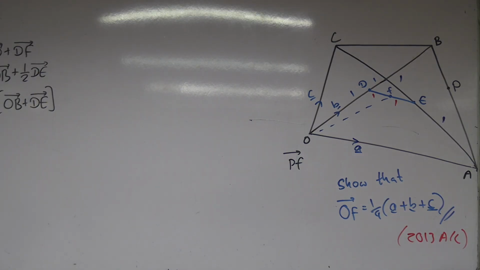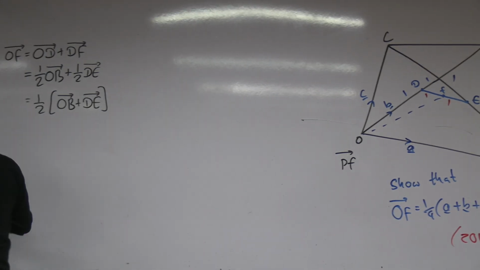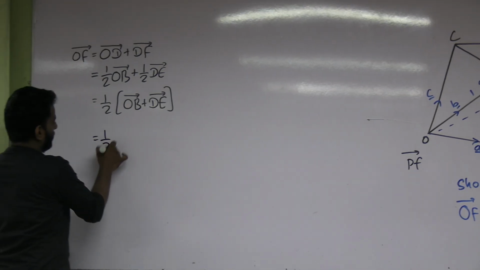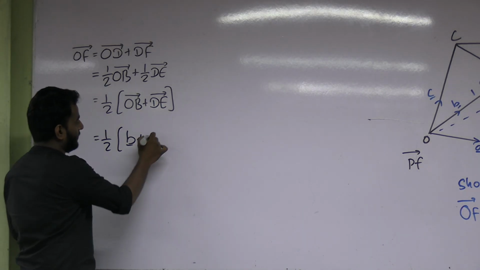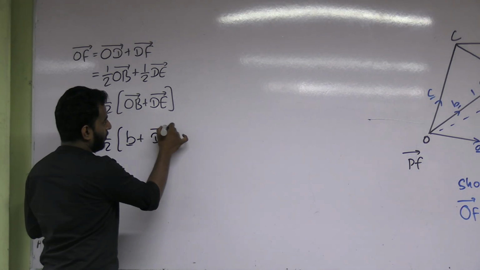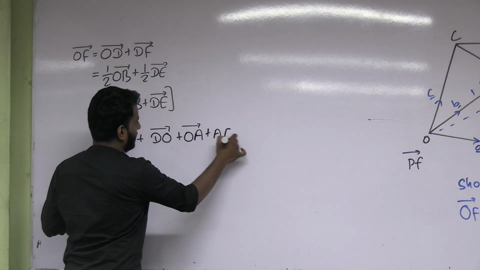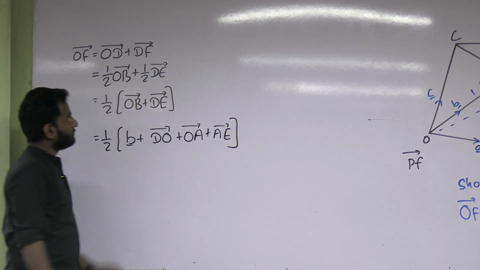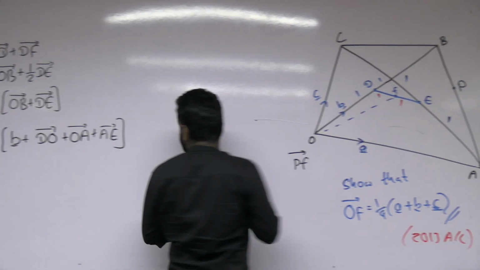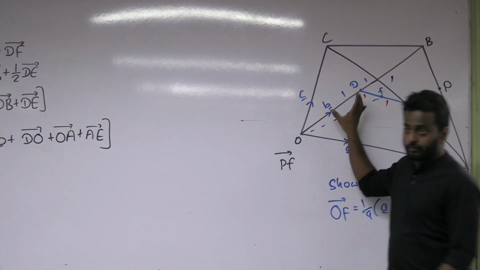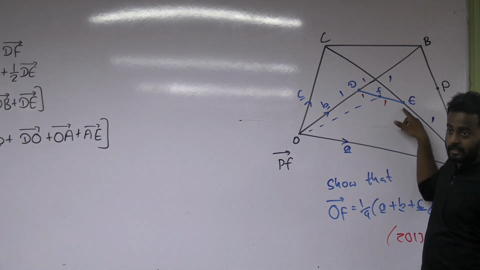Okay, so we'll start from here. OB is simply B, OB is easy. So this is half. Now I can write DE as DO plus OA plus AE. Fine, right? So what I did was, OD is half of OB, which is half B. DF means half of DE.